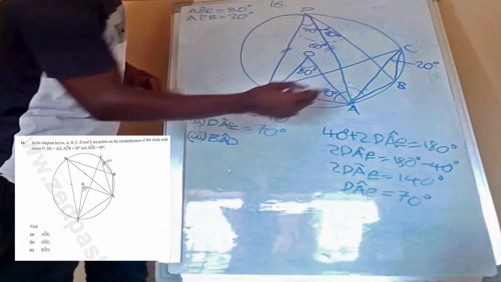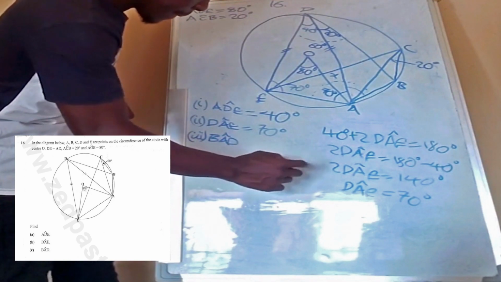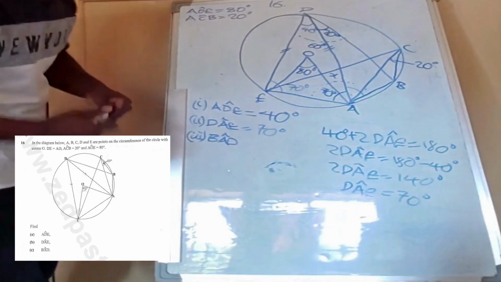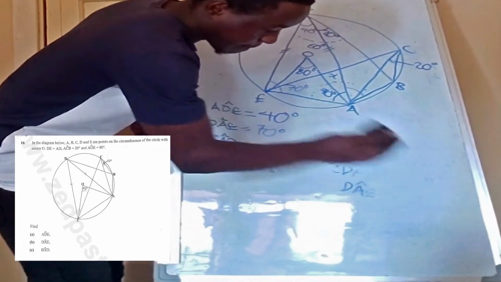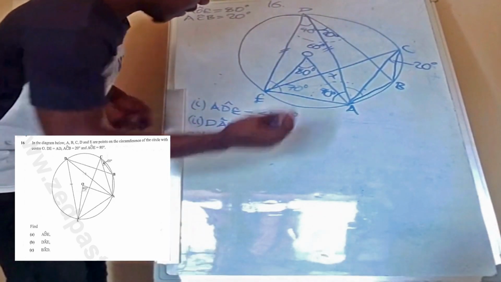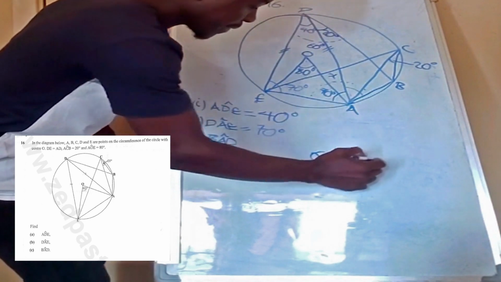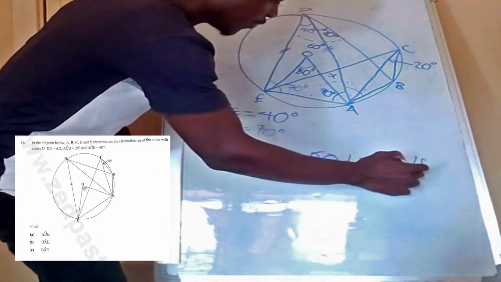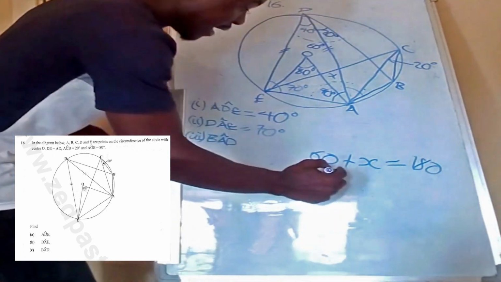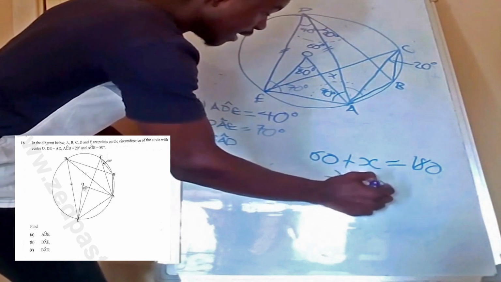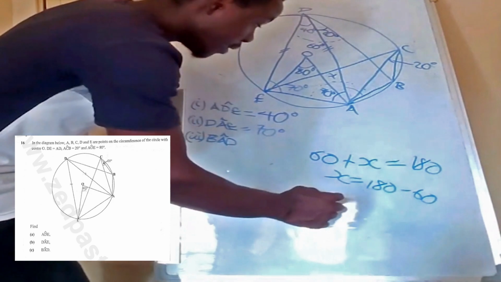Now let's assume this whole angle of the cyclic quadrilateral is x. So we're going to say 60 plus this angle x equals 180 degrees. When the 60 goes to the other side, we have x equals 180 minus 60, which gives us 120.